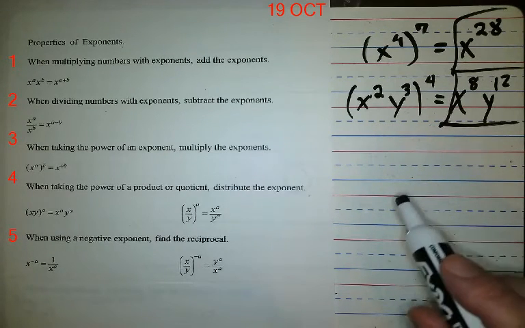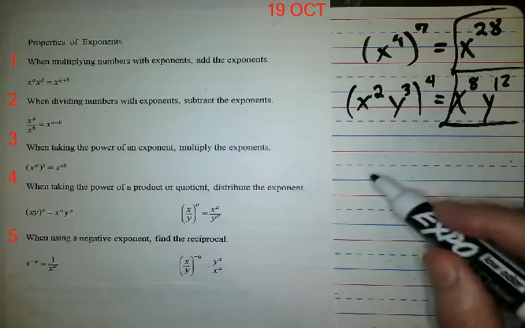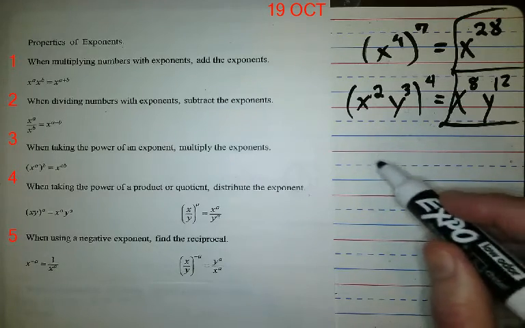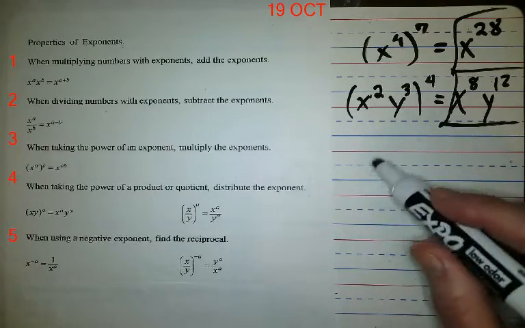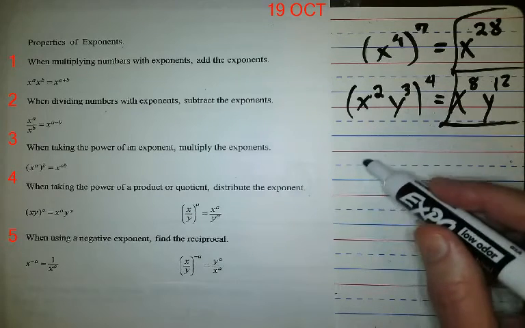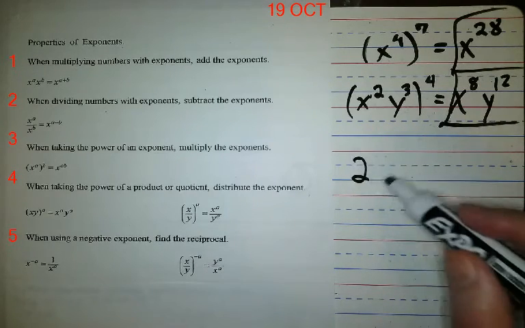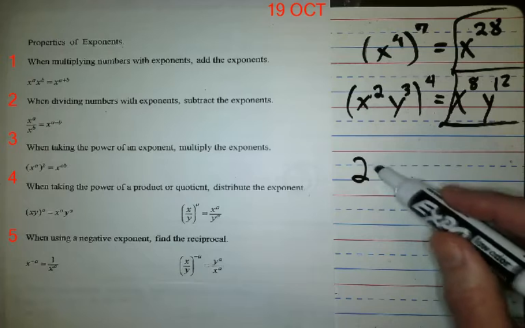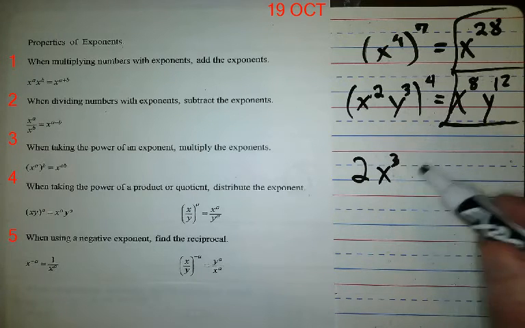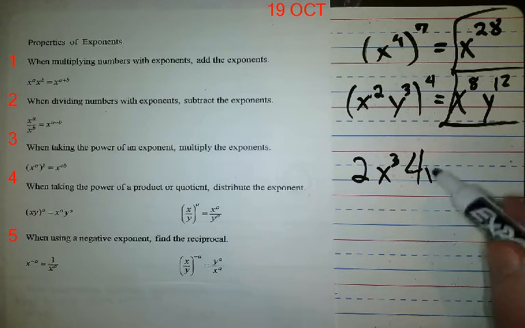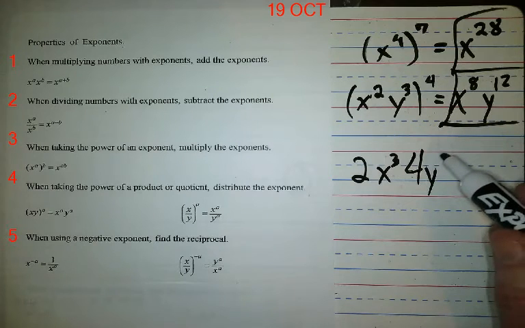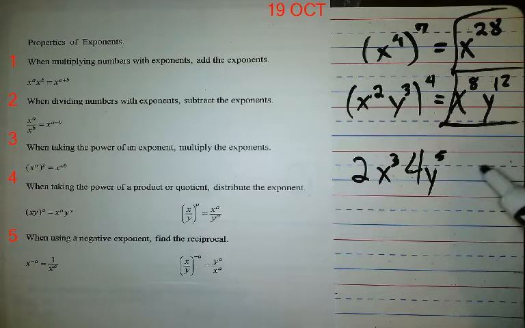Let's try another one. What if we had numbers? Ooh, right? Numbers. So let's try small numbers first, right? 2x3, 4y5, and 6x.